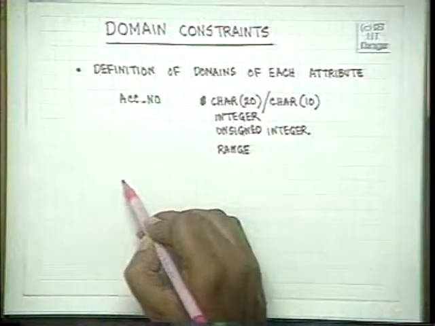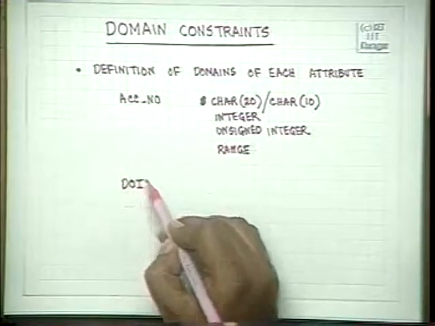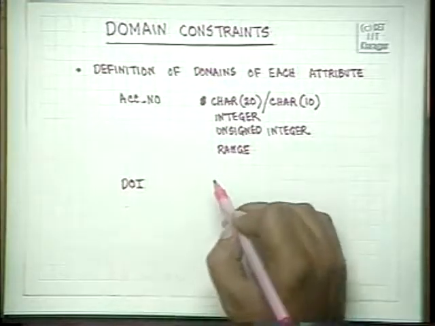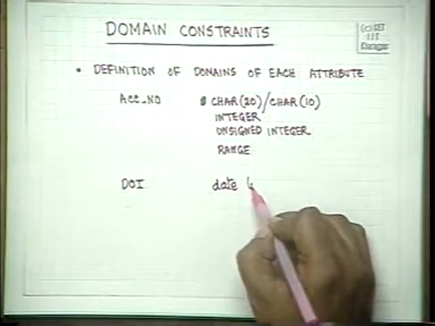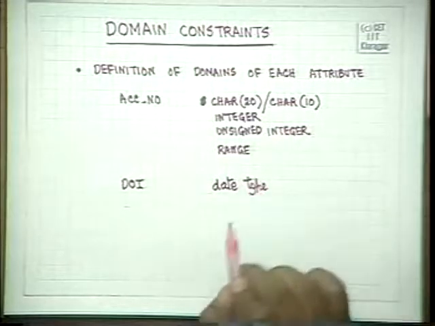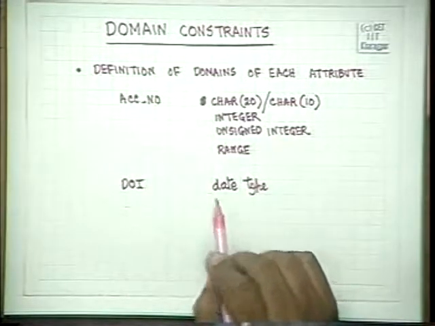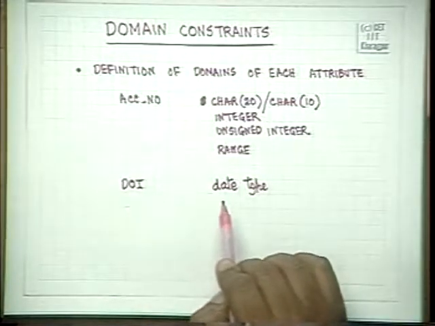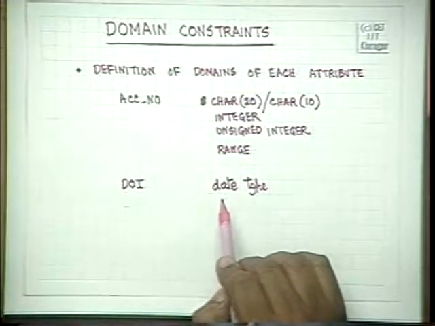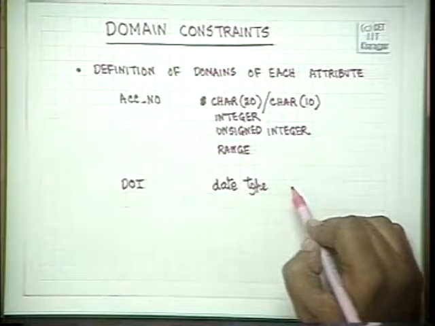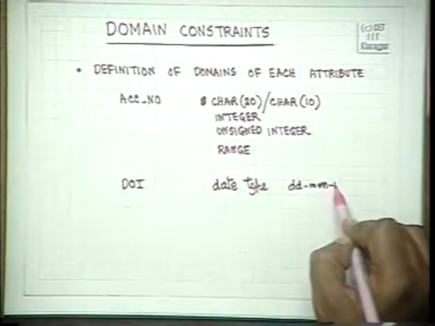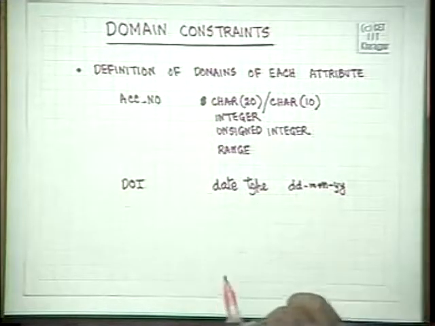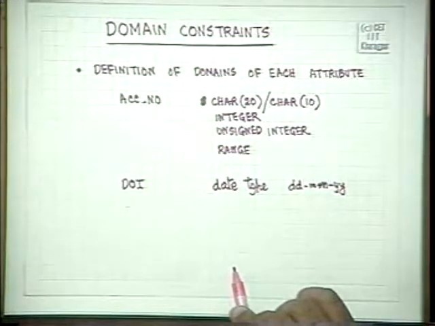Let us take the attribute date of issue. In all database systems, those who have used them will notice, you have a date type. A date type is a predefined type provided here. You can also create your own structured types and make a date type which will take the date as dd, mm, yy or mmddyy according to the format.